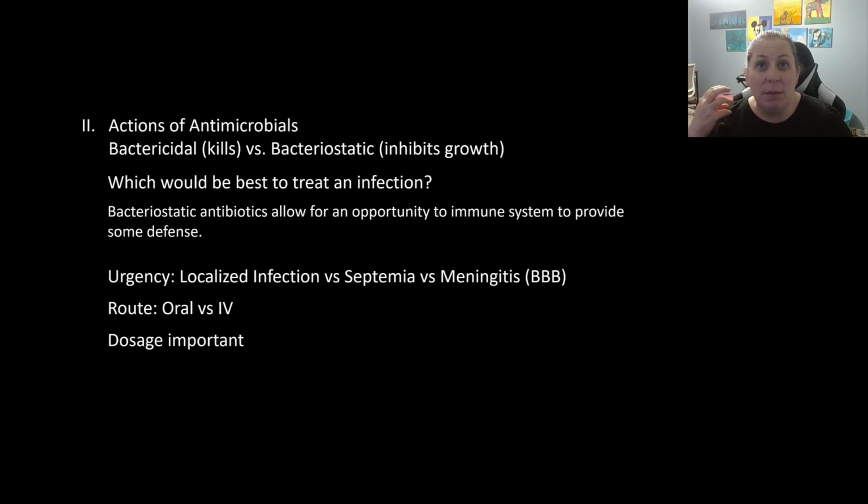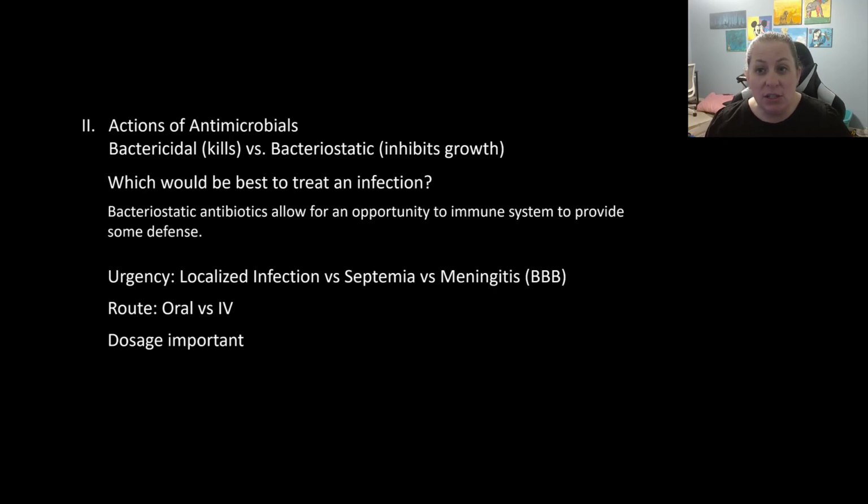Or if it's affecting the brain, the blood-brain barrier, the meninges, like in meningitis, we might need to change courses. Another thing we have to look at is, are they oral or do I have to give them through an IV? Oral medications would be pills or liquids, and the IV would have to go into your vein. So you've got to look at those as well.